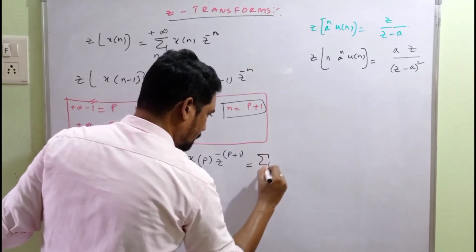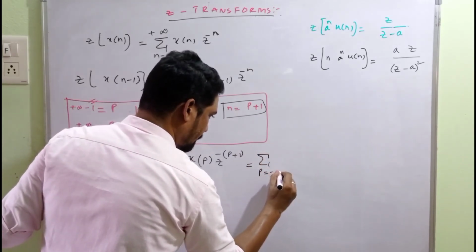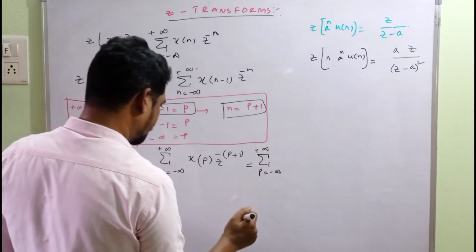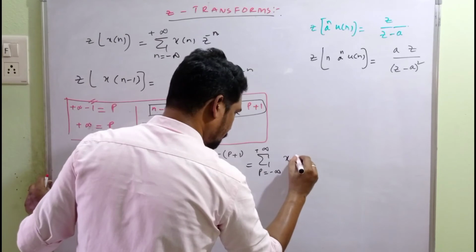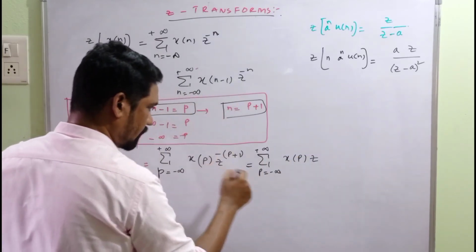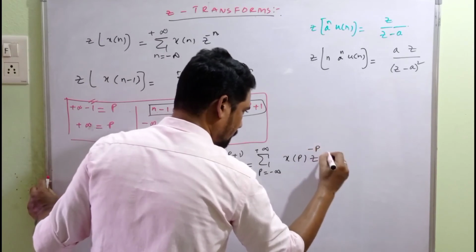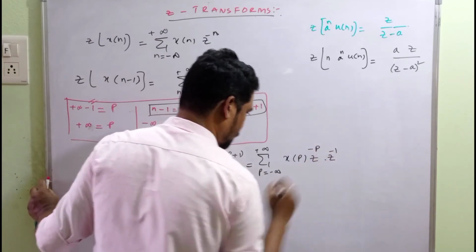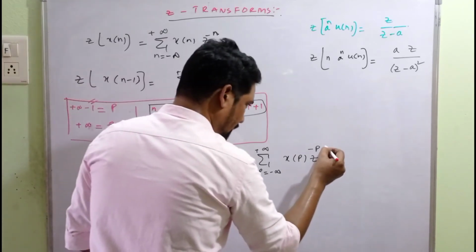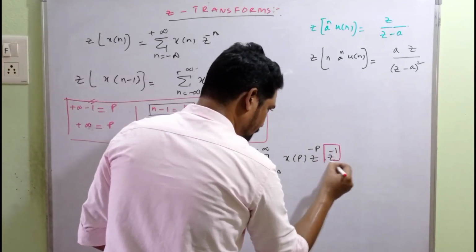Summation p equal to minus infinity to plus infinity, x of p z raised to minus p into z raised to minus 1. Guys, the power could be split. Watch carefully, it has no meaning being inside the summation.